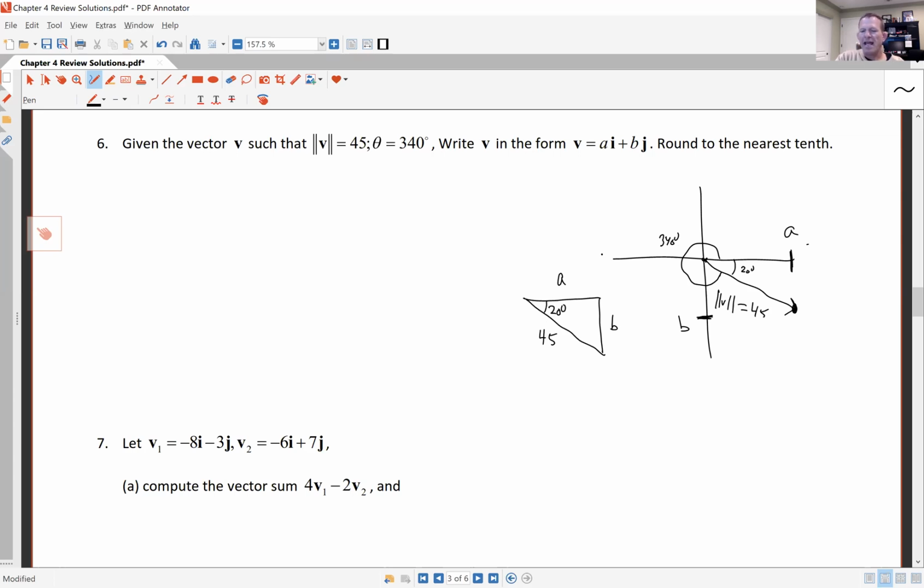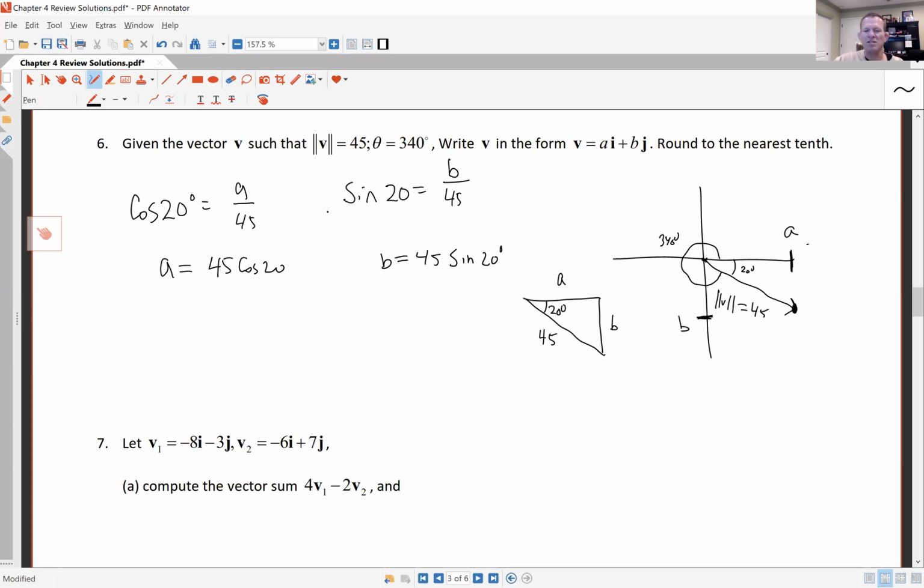So then, a will be found by doing cosine equals a over 45. b will be found by doing sine, giving us a equals 45 cosine 20. b is 45 sine 20.